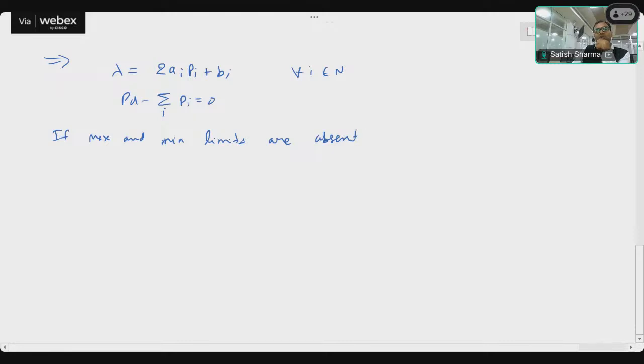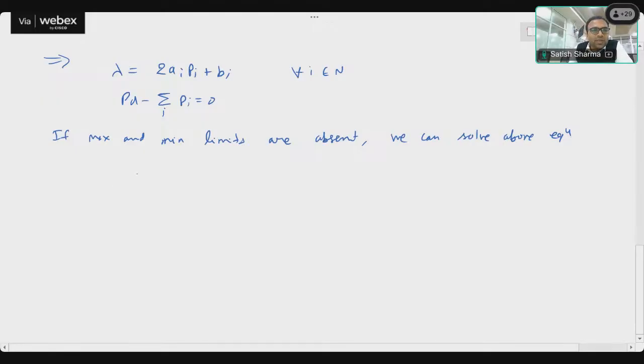If absent, we can easily solve the above equations, and we will get some value of Pi and lambda.